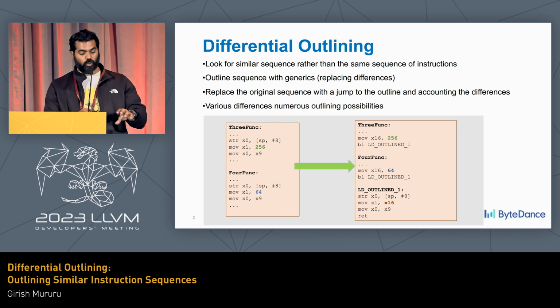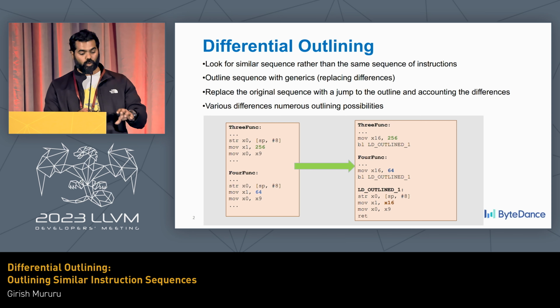So to put out what the differences are between outlining versus differential outlining: first, we saw in outlining we look at same sequences, whereas in differential outlining we look at similar sequences, and the similarity could be of different types.